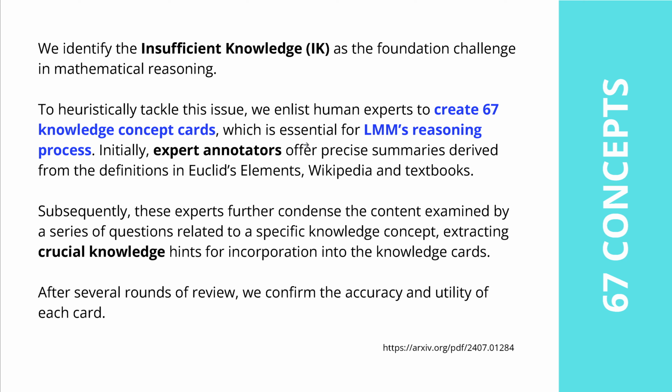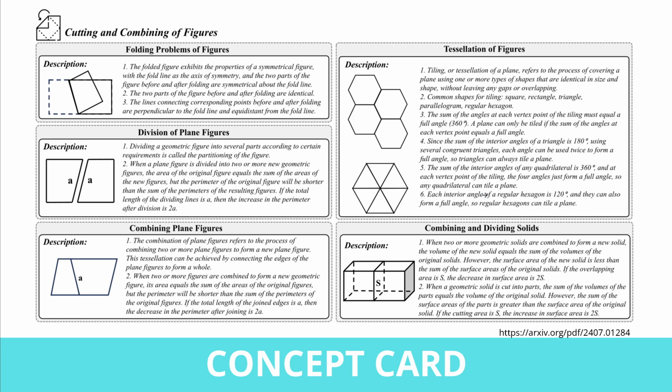You know this. So on these cards, you have now the crucial knowledge, the hints for the AI to solve these problems. Great. Let me show you one card so that you get a feeling. What is it? Now, for example, for cutting and combining of figures here, we have now the folding problems.